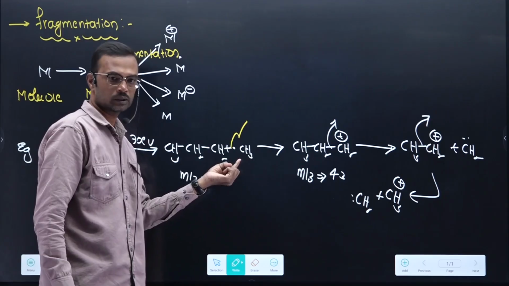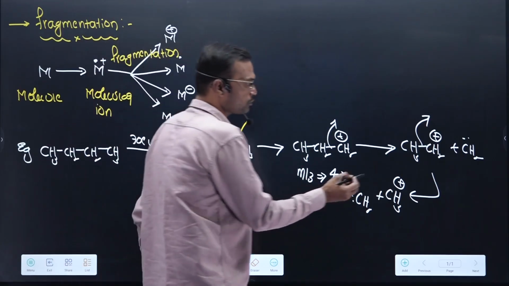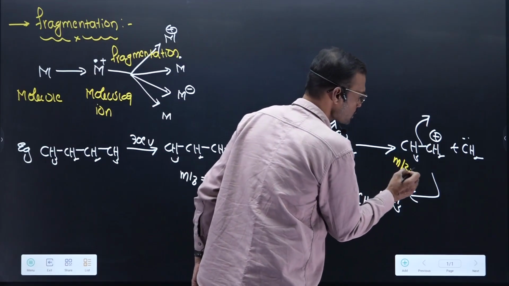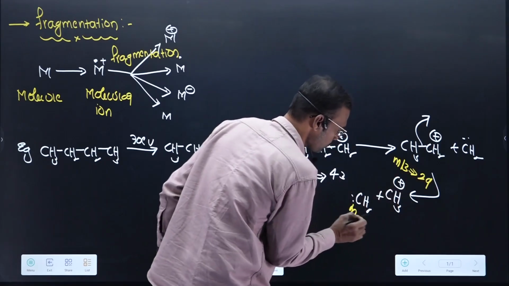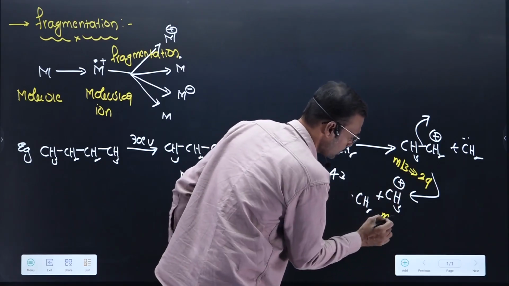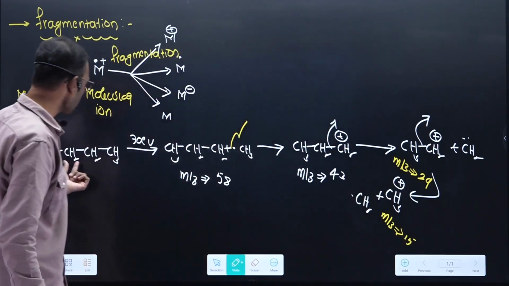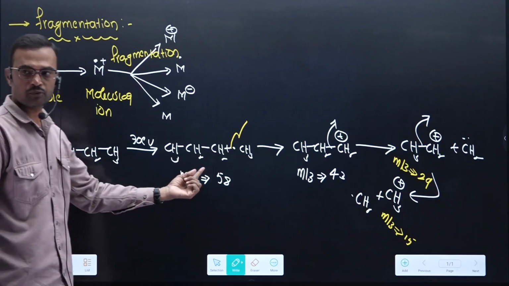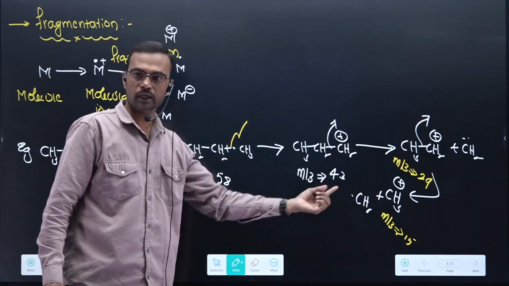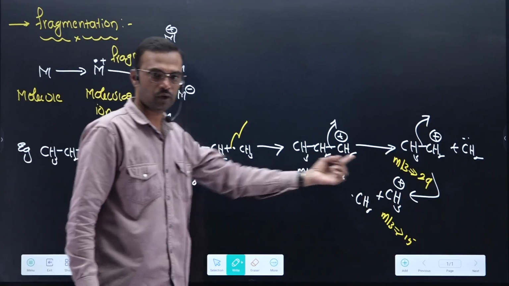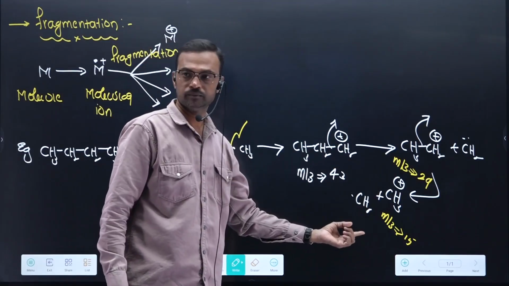CH3 dot. But see, what is the m/z value of this one? The m/z value is 29. And what about the m/z value here? The m/z value is 15. So when this molecule undergoes fragmentation, you will get peaks at 58, 43, 29 and 15.